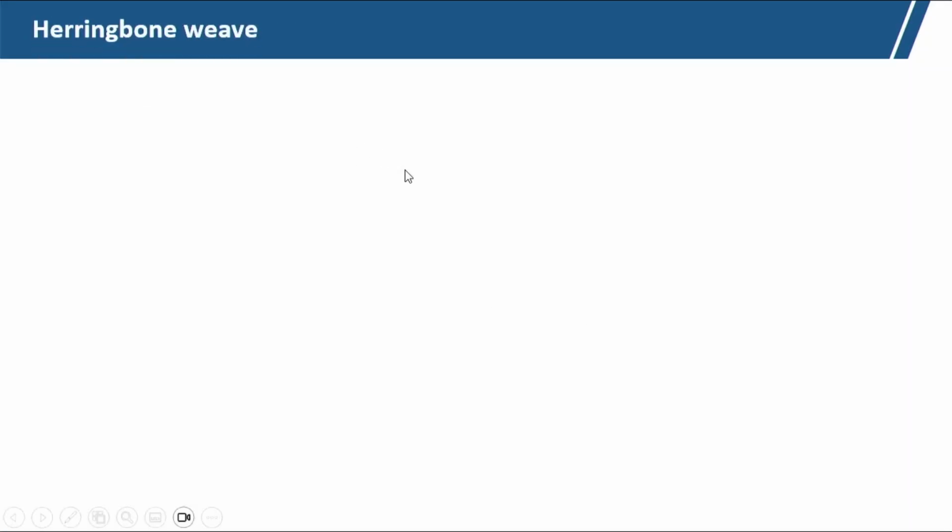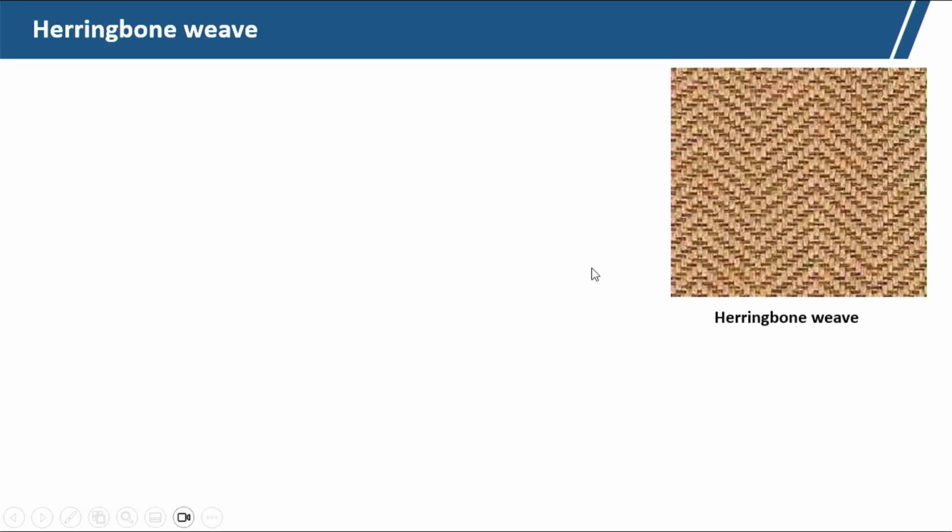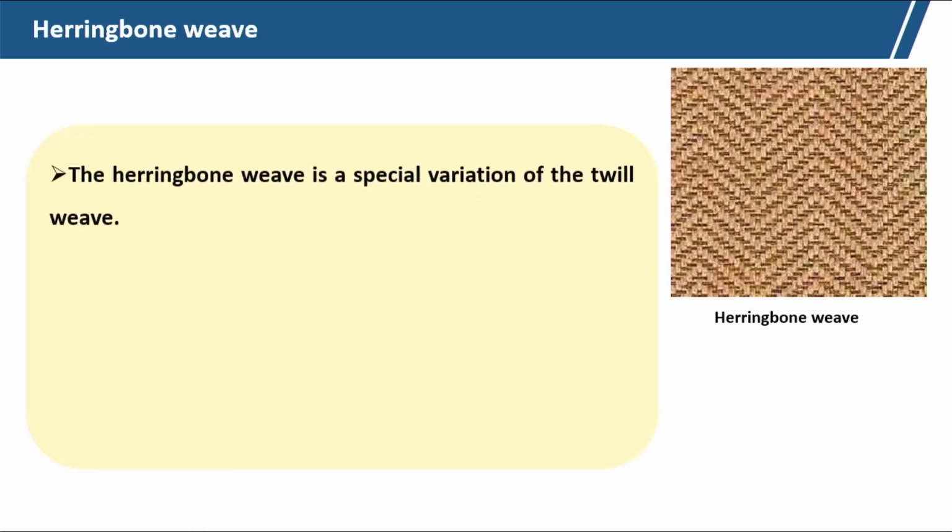Next is the herringbone weave, it is called broken twill. Herringbone weave is a special variant of the twill weave. In twill weave, what we have seen, it goes continuously in one direction, but here after a certain distance the direction changes.